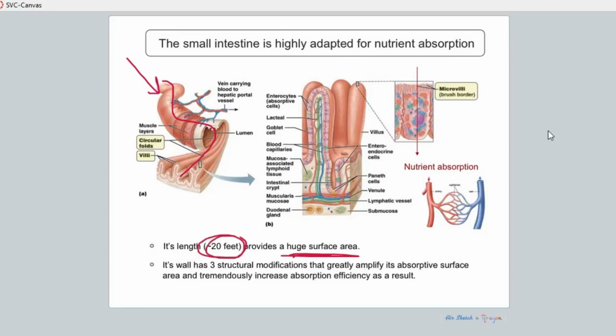About 20 feet long the intestine is. So you have a huge surface area just for this digestion and absorption to occur in. And then it also has 3 structural modifications within the wall itself that greatly amplify its absorptive surface area and increase absorption efficiency.